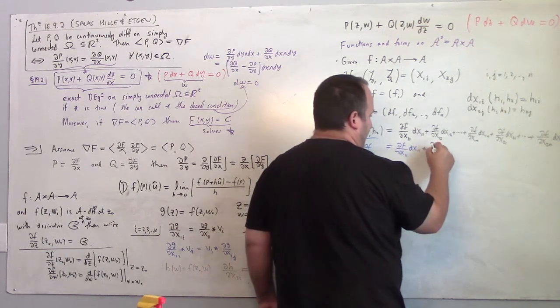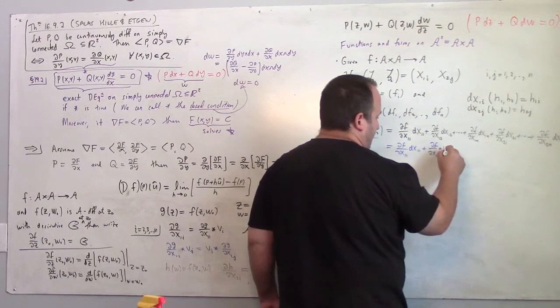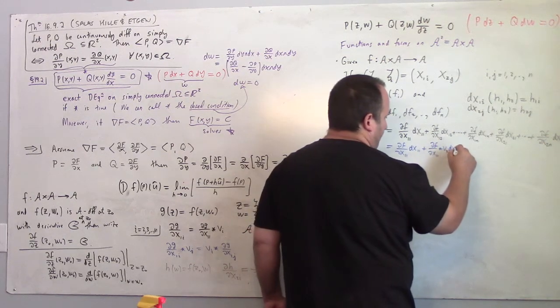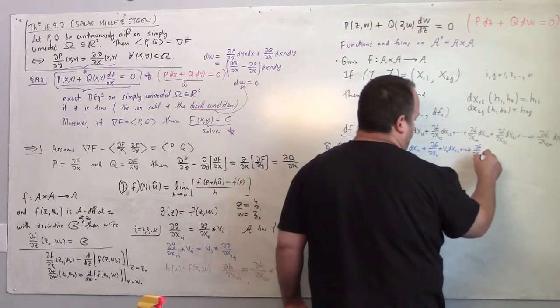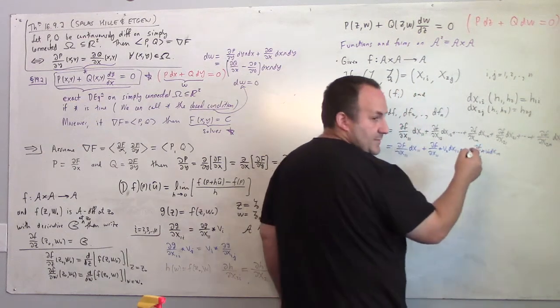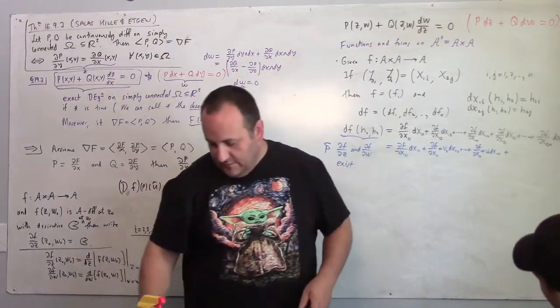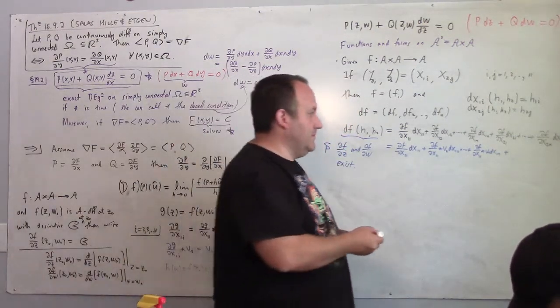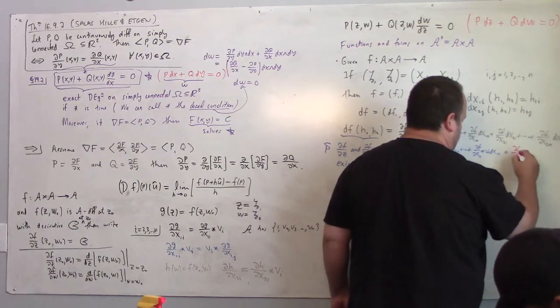Partial f, partial x1, 1 again, right? But this time times v2. Partial f x1, 1 again, times vn. And over here, same song and dance, but the numeration gets a little twisted.